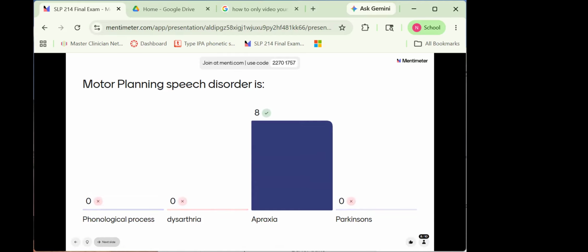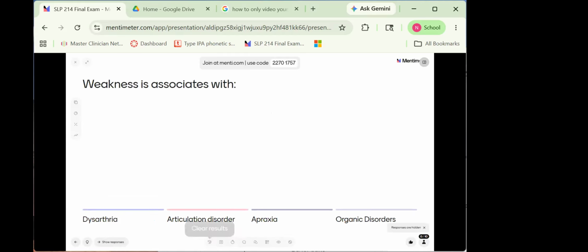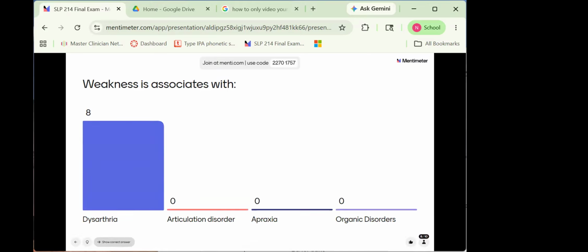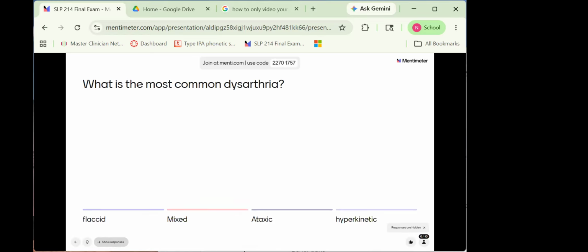Apraxia. Yep, that is correct. Which one is weakness associated with? Dysarthria. Correct. What is the most common type of dysarthria?